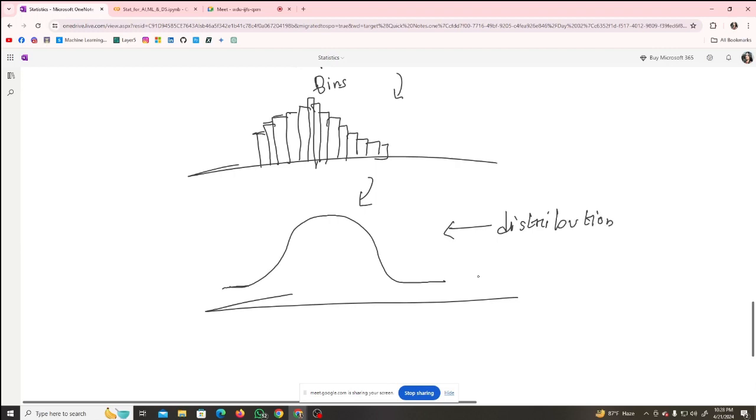A distribution represents all possibilities of values for a set of data and how often those values occur. Suppose by looking at this distribution, the mean is, let's say, 100. We can tell that there are a lot of values which are also around 100, suppose 80, around 70, and then we have 110 or 120.